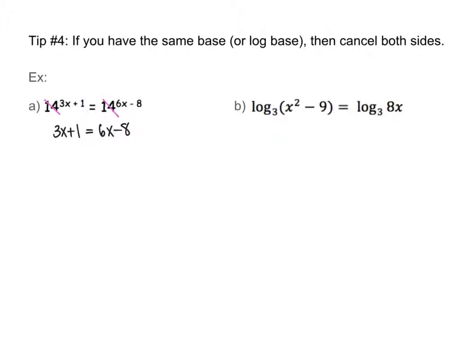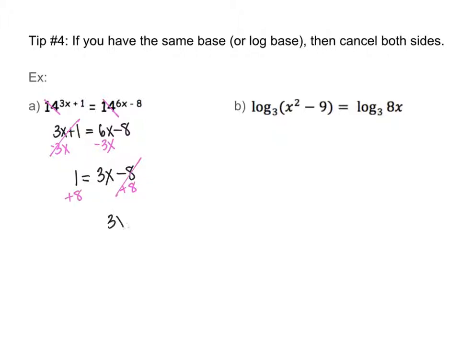So if I were to solve for x, maybe I'll subtract 3x from both sides first. That cancels, so I just have a 1 left on this side. And 6x minus 3x is 3x minus 8. Maybe add 8 to both sides. That cancels.